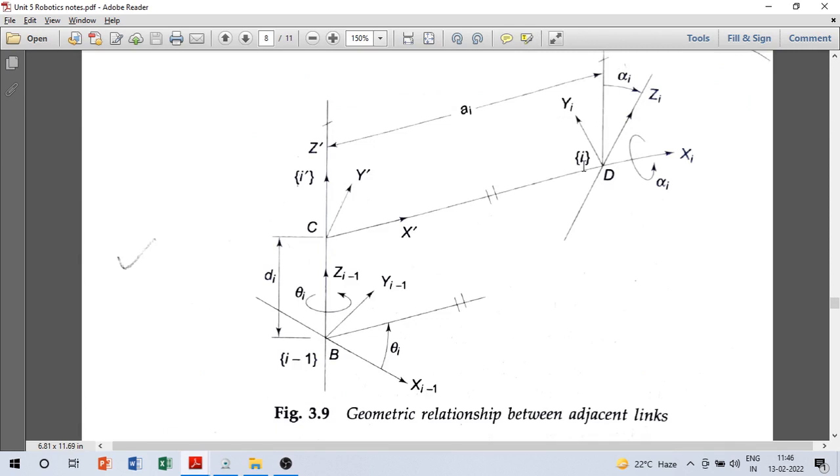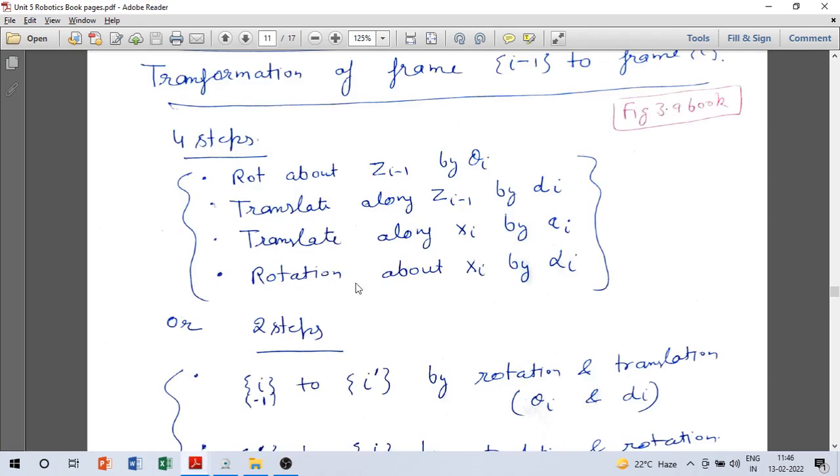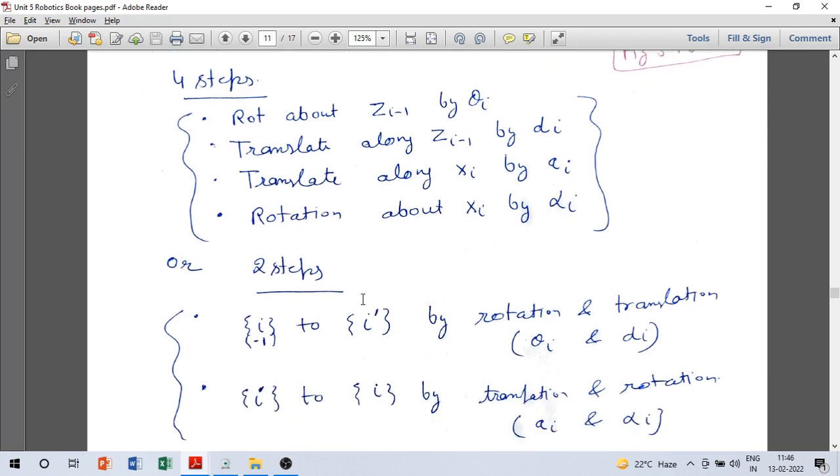So we see that we are able to reach from i minus 1 to i by these translations and rotations, these 4 steps. And we can write a mapping for each of these transformations and then use matrix multiplication to get the overall transformation.